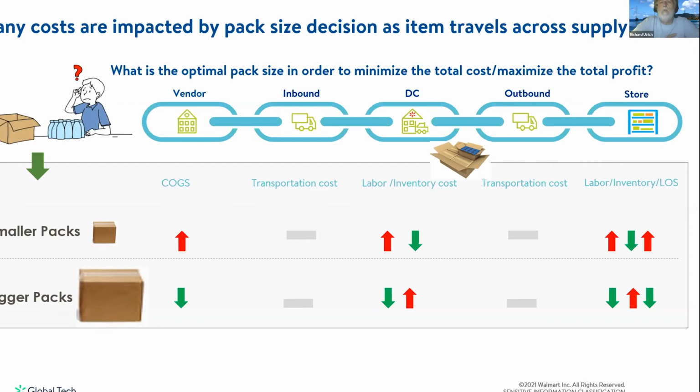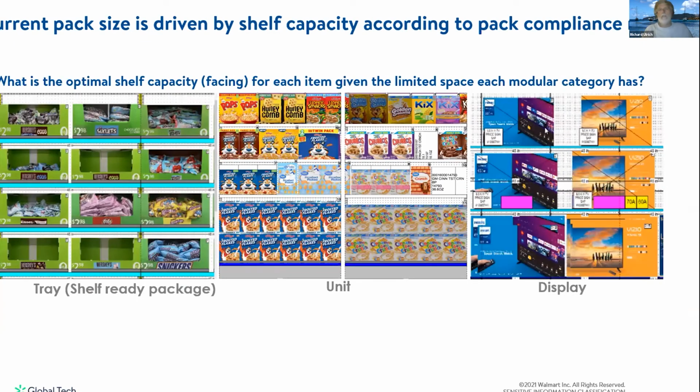So we're looking at the cost of goods, our labor, and our inventory. And we're also looking at our facings. In other words, if you look at the way the products are in the center section, that is cereal.